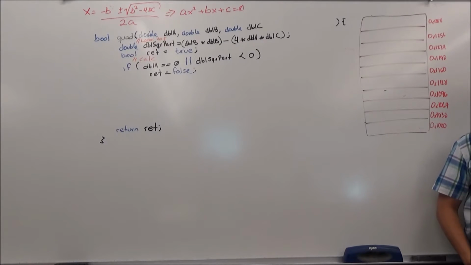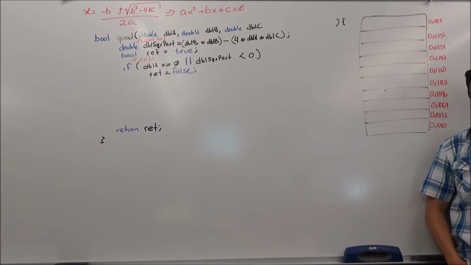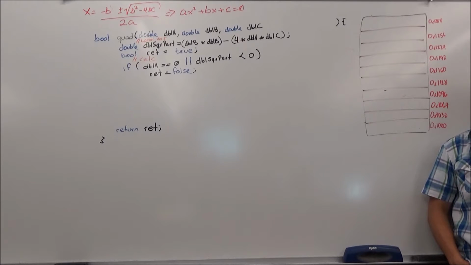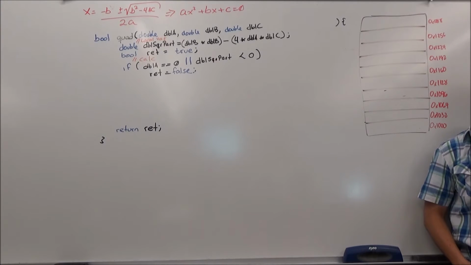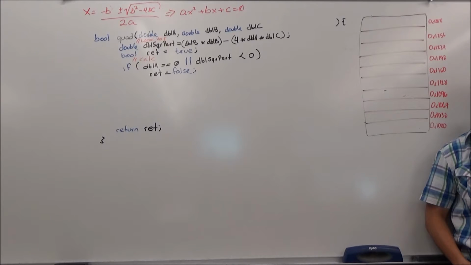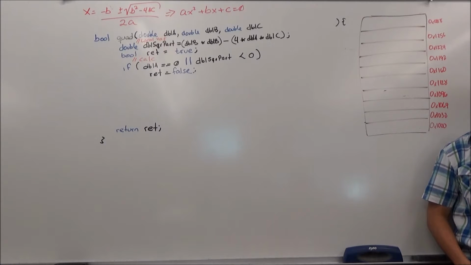You know, this function right here. I understood if double A is equal to 0, or, and I still understand the double square part is less than 0.